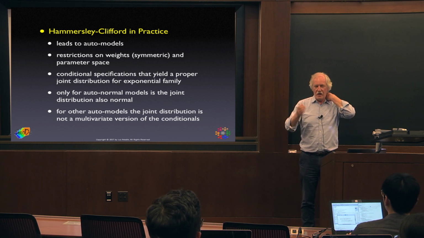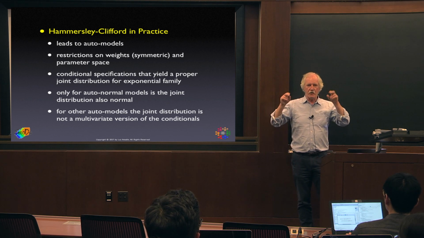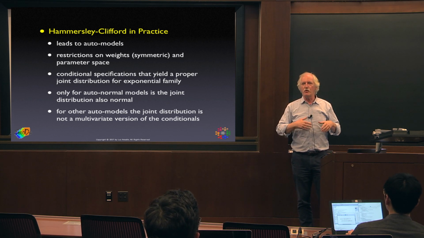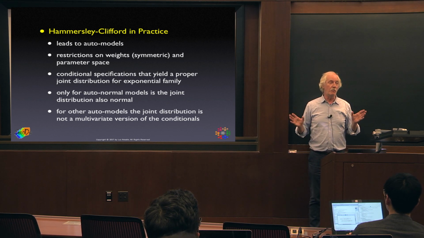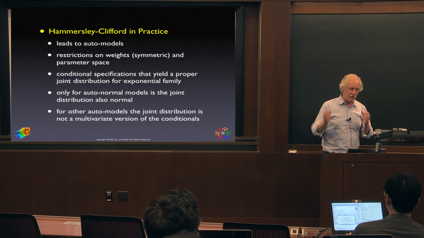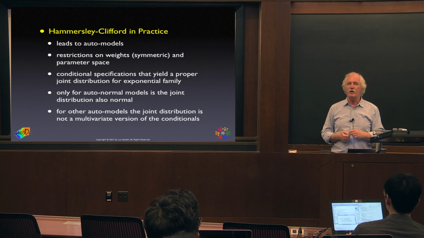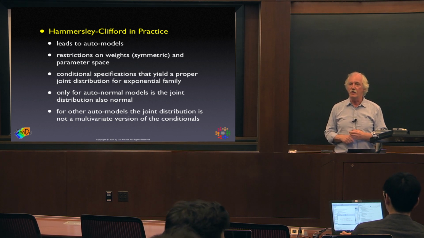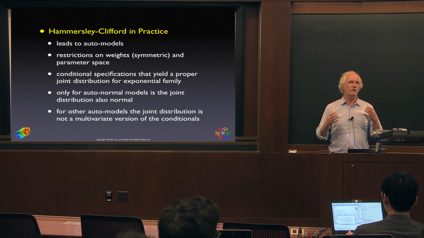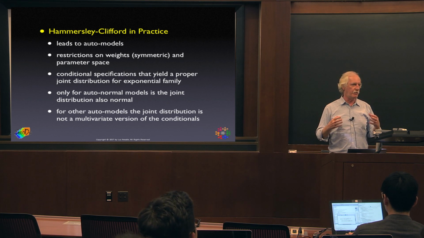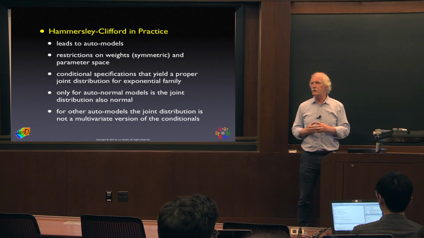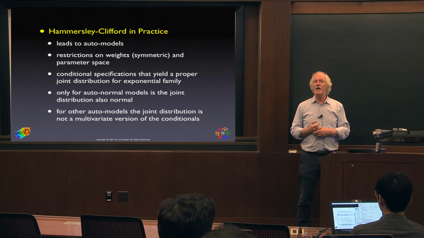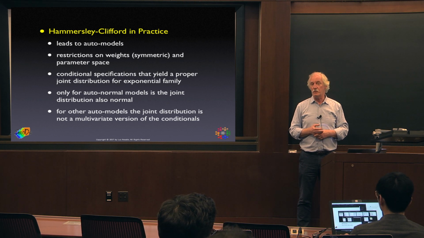non-normal world, and I know it's not modern to use that term, so non-Gaussian, you're in trouble, basically. And if I get to it, you'll see what kind of trouble you get into. You get into trouble in terms of constraints on the parameter space. For example, an auto-Poisson model for counts can only model negative spatial autocorrelation.